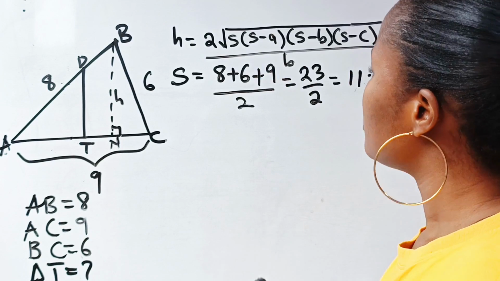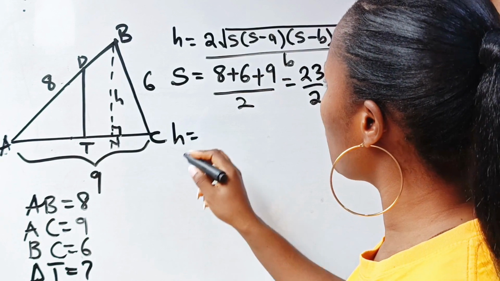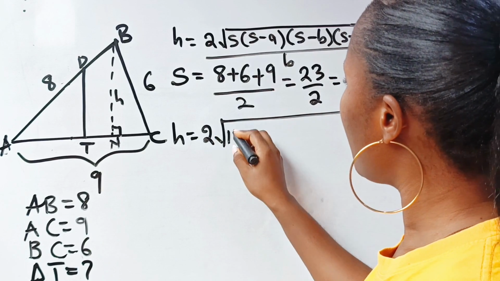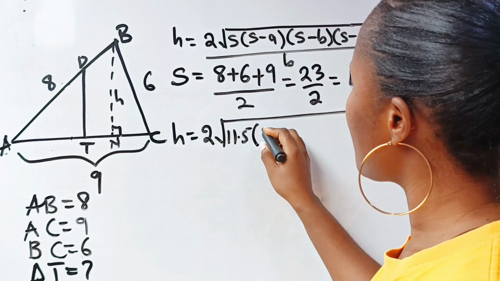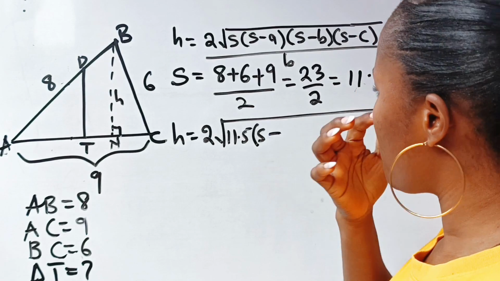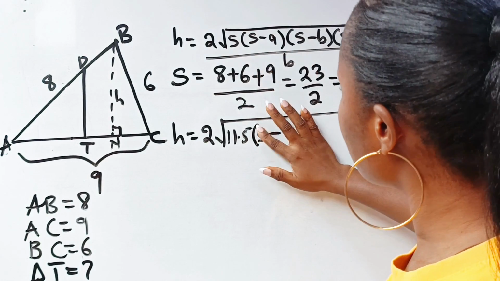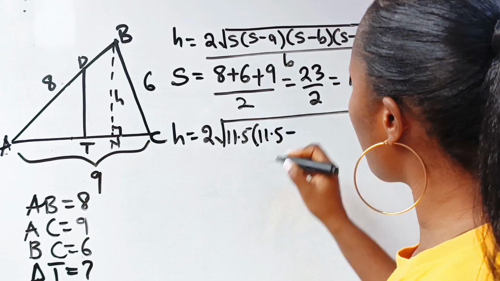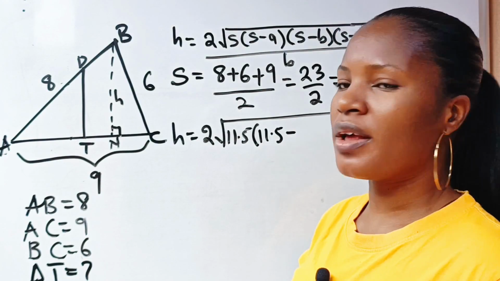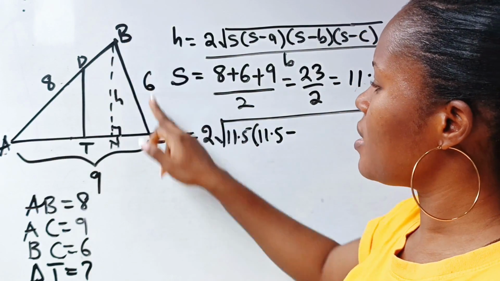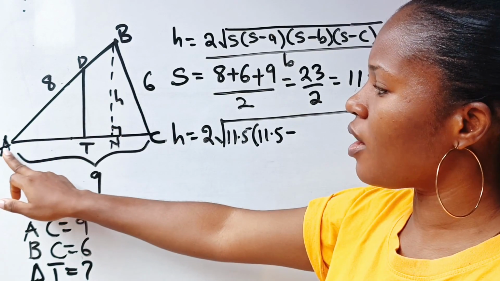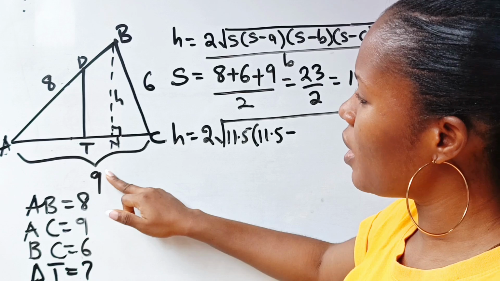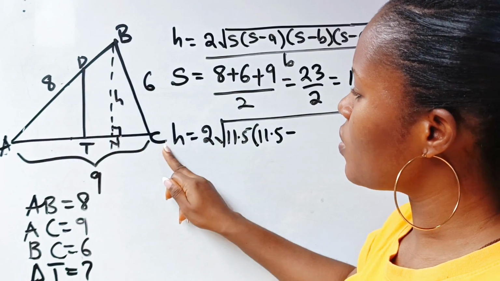The height will be equal to 2 root of 11.5 times (s minus a), where s is 11.5, so we have 11.5 minus a. In a triangle ABC, the side facing angle A is small a, the side facing angle B is small b, the side facing angle C is small c.